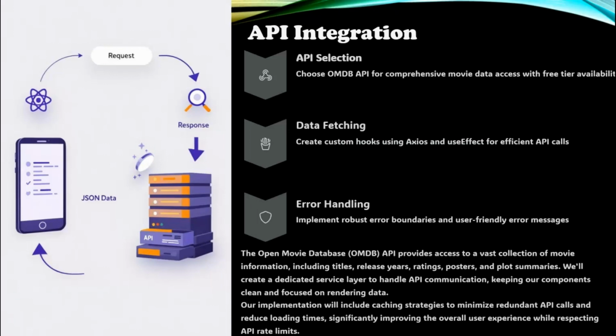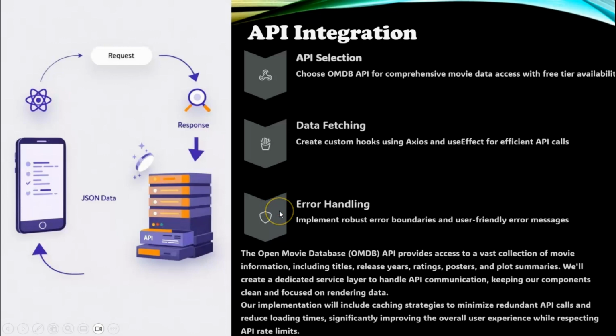Then we come to the API integration. We chose one API key to get movie data access, like the whole database of movies, their ratings, IMDb rating, movie name, studio, etc. Then we came to data fetching, which consists of custom hooks and what the API needs in the JavaScript that we have used.